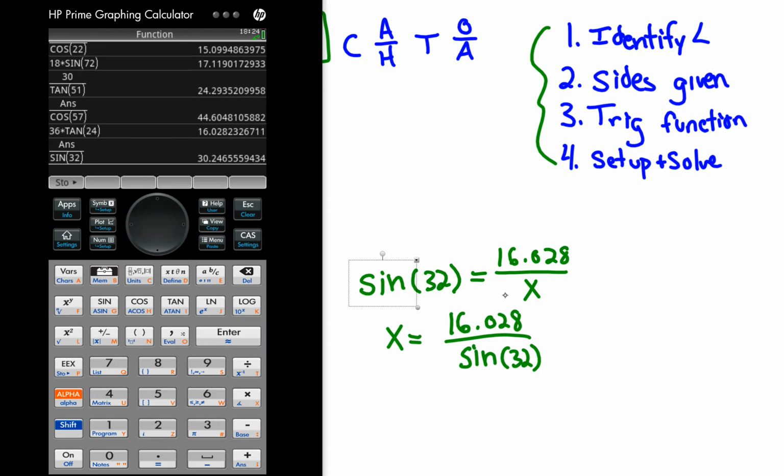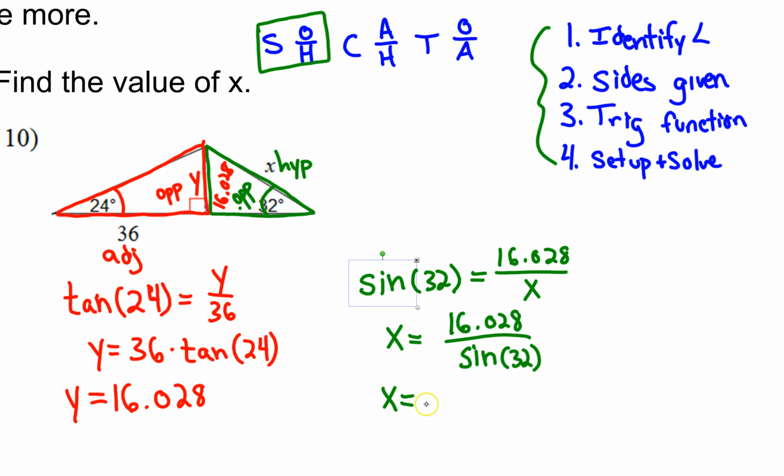From there, we get an answer of 30.246, but that 5 after the 6 is going to make that 6 round up to a 7. So we get 30.247. So x is equal to 30.247. That's going to be measured in some unit that we do not know because it wasn't specified.